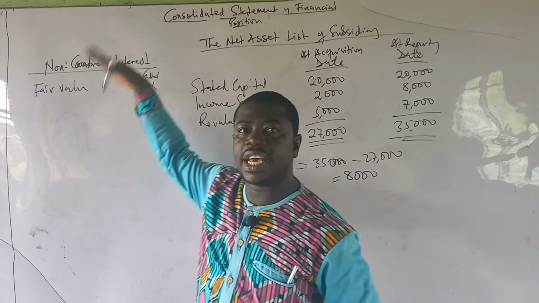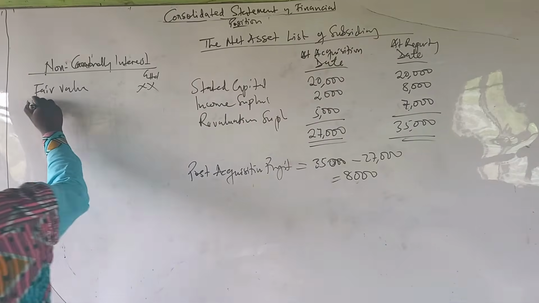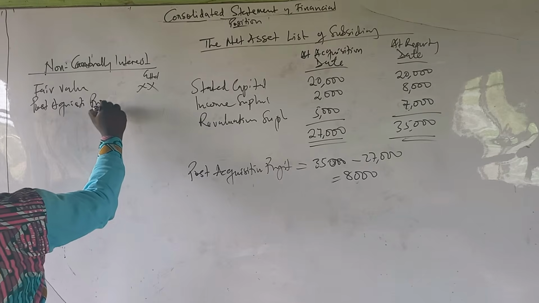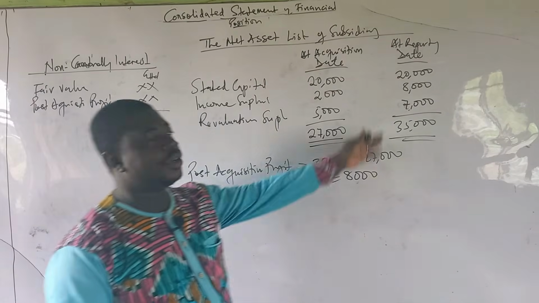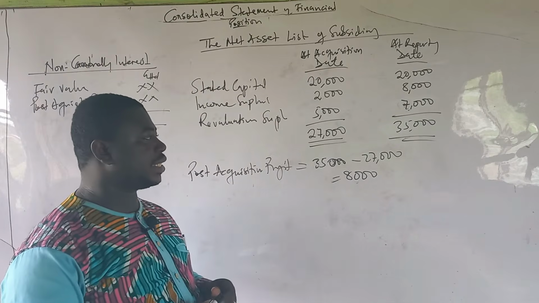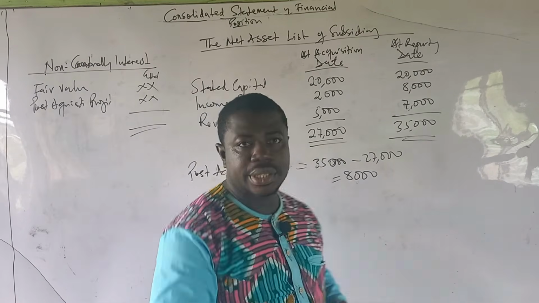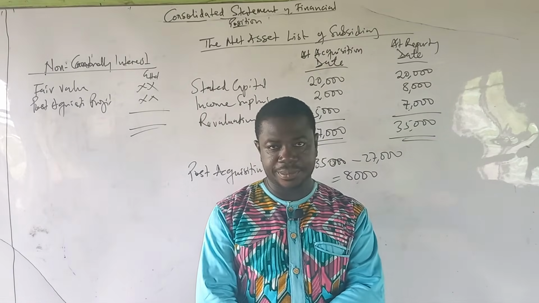The share of NCI for those two is replaced with the fair value. So you now add their share of the post-acquisition profit. And the post-acquisition profit will be attained by going by the net asset list. And once you're able to do the net asset list, you should be able to get a correct difference between the two of them for your post-acquisition profit.